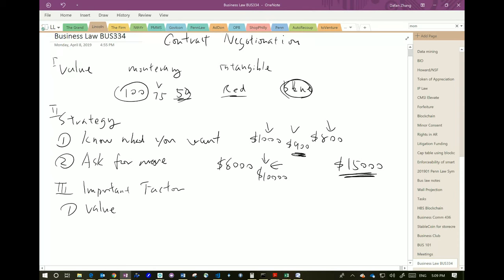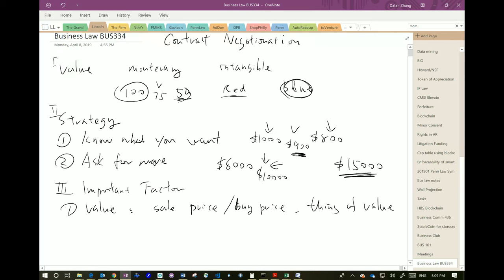It's almost always value. Business contracts are about money, so value is represented by some sort of value. And so the sales price, for example, which happened to also be the buy price, right?